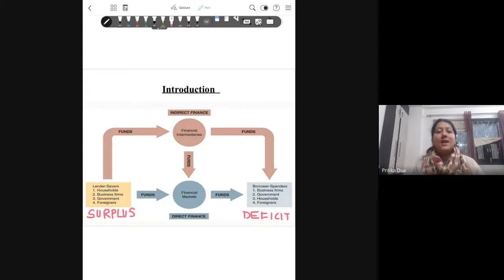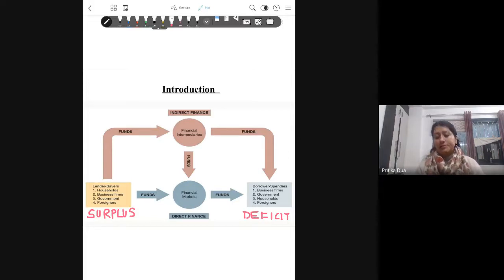So, a financial system is a system that allows the exchange of funds between lenders, investors, and borrowers. So it is facilitating the movement of finance, and thus it is known as the financial system.